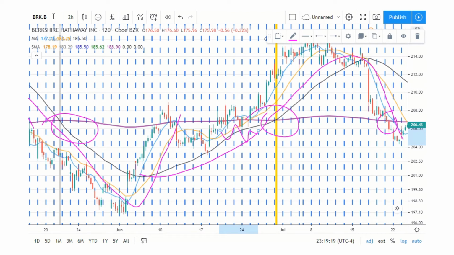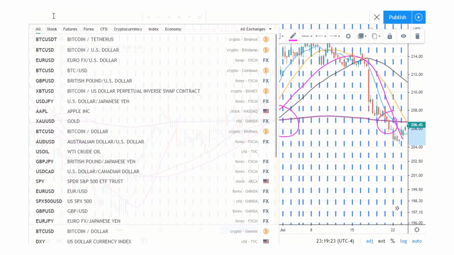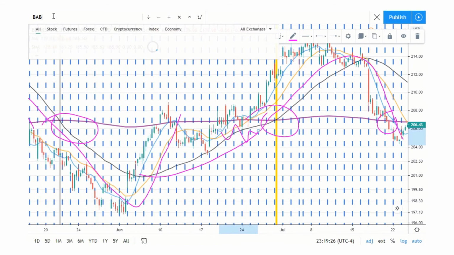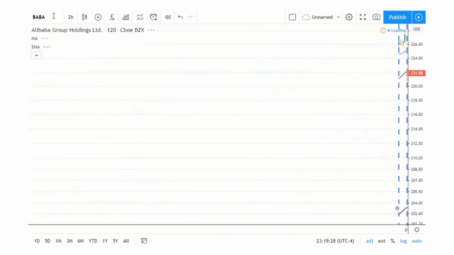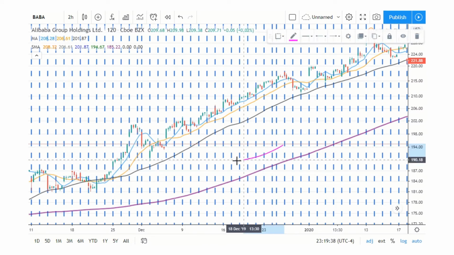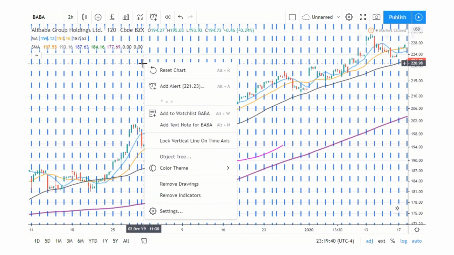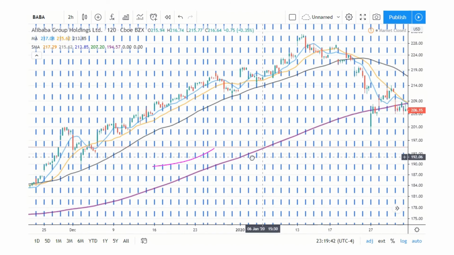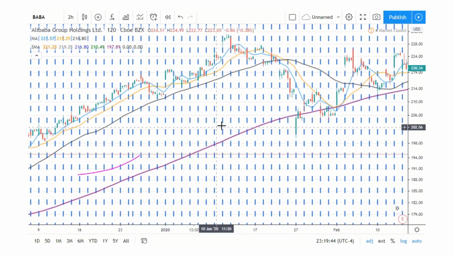Okay, let's look at another stock. Now we're looking at Alibaba Group Holdings. Here the moving averages are pretty much parallel to each other.